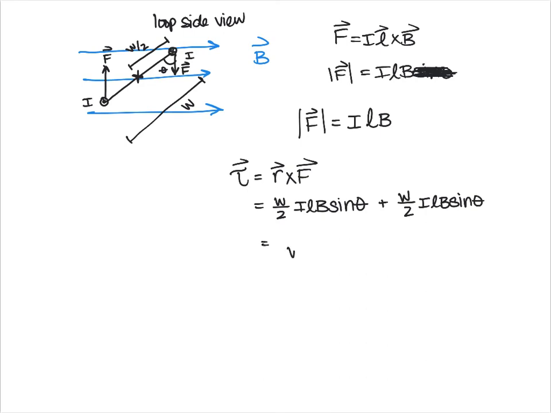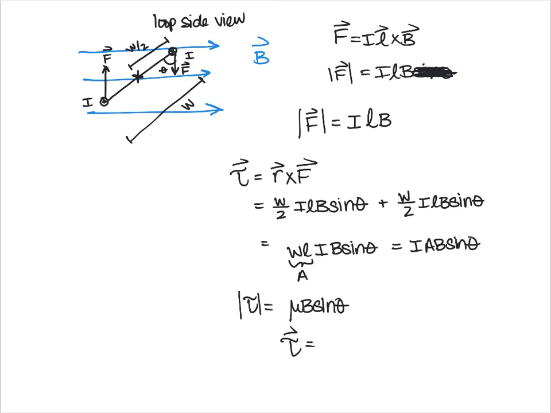So I get W times L, I, B, sine of theta. This is the area, so it's I, A, B, sine of theta, which is equal to mu B sine of theta, which has the form of the magnitude you would expect if torque was equal to mu cross B.